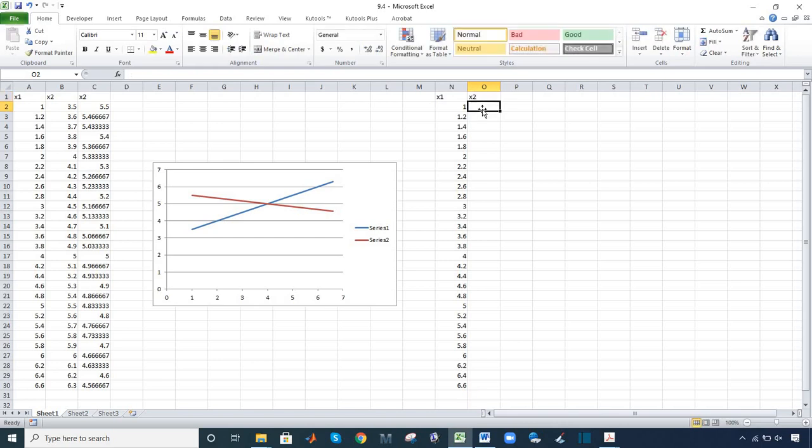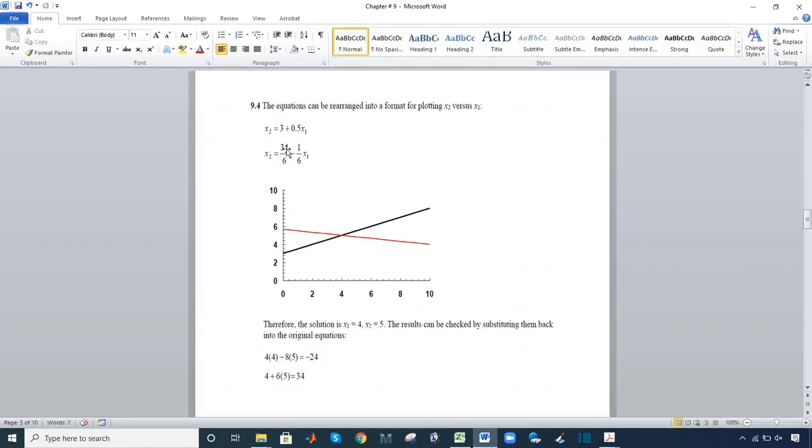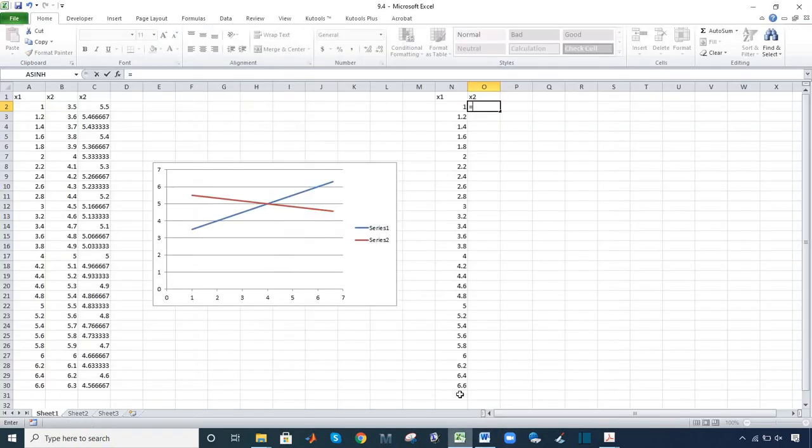What is x2? I have to apply a formula here. First I have to put the equal sign, and then x2 is equal to 3 plus 0.5 multiplied by x1. Where is x1?